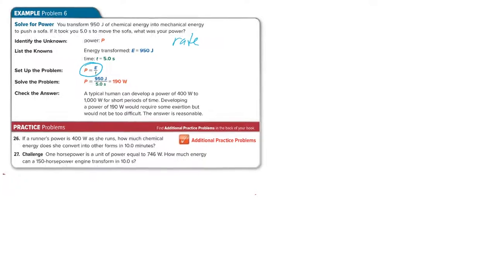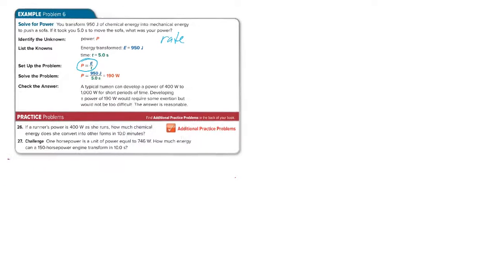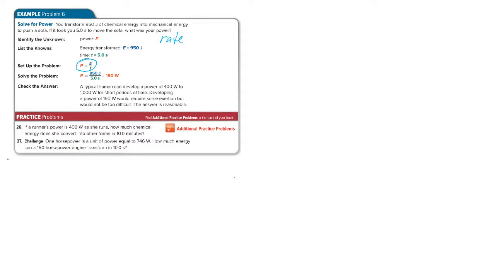So let's see here. Let's move this up here. Power equals energy over time. Well, time in this case is 5 seconds. The energy, 950 joules. So really, you just plug these two numbers in.